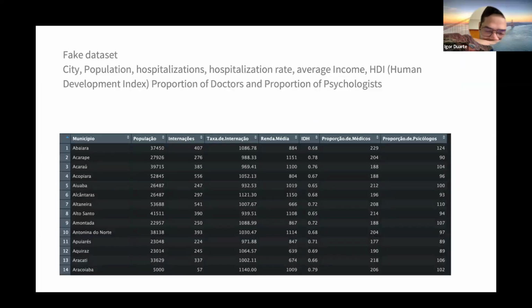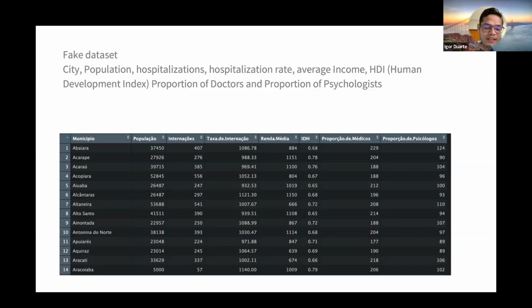Here I created a fake data set, and this data set we will use. A fake problem here could be defined as a Brazilian health manager needing to identify similar profiles of hospitalization rates based on income, for example.